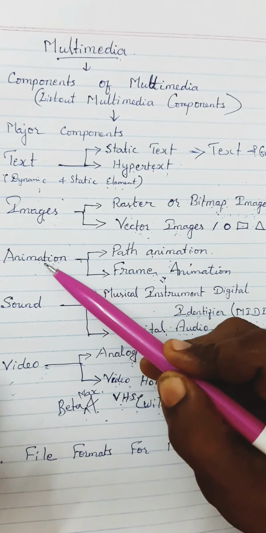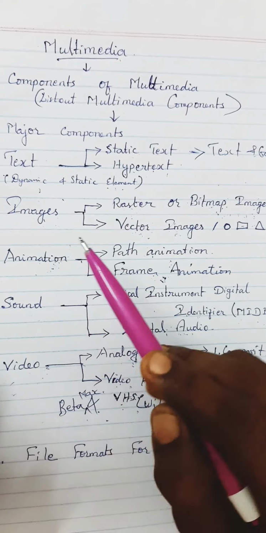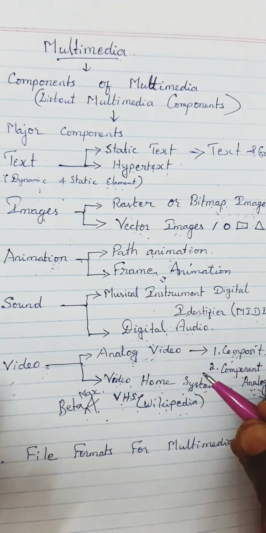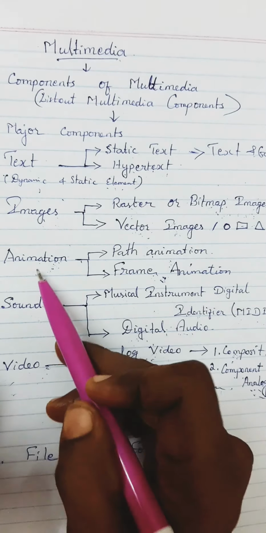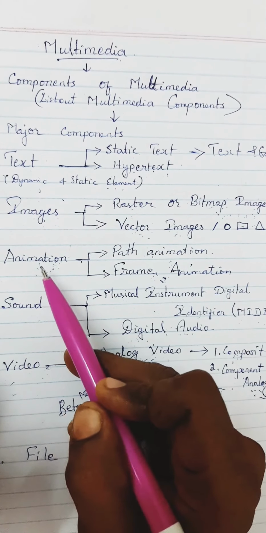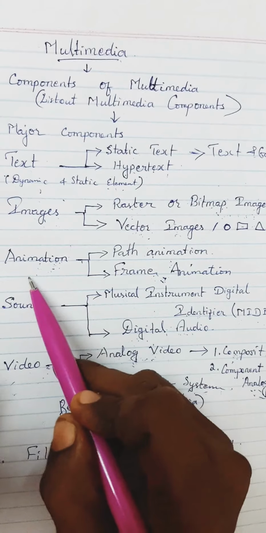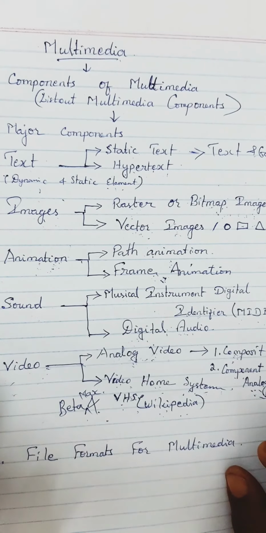The definition: animation is the process of displaying still images so quickly that they give the impression of continuous movement. So animation will be a continuous movement.